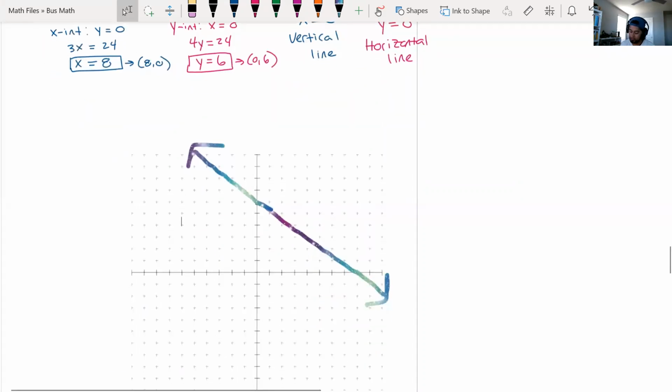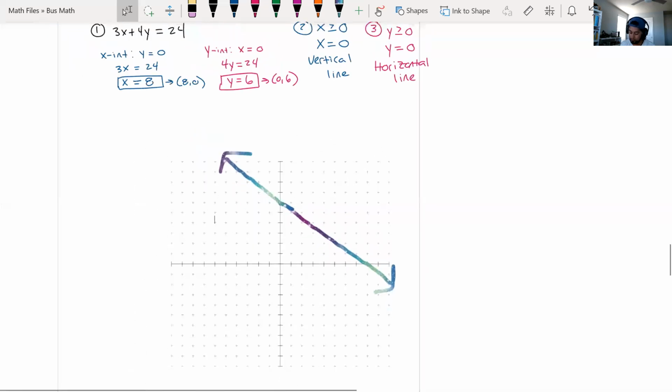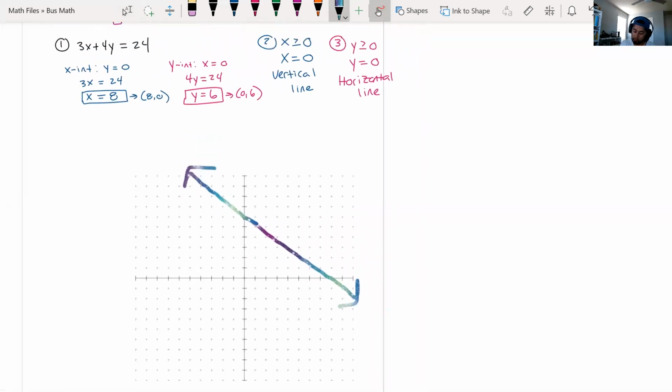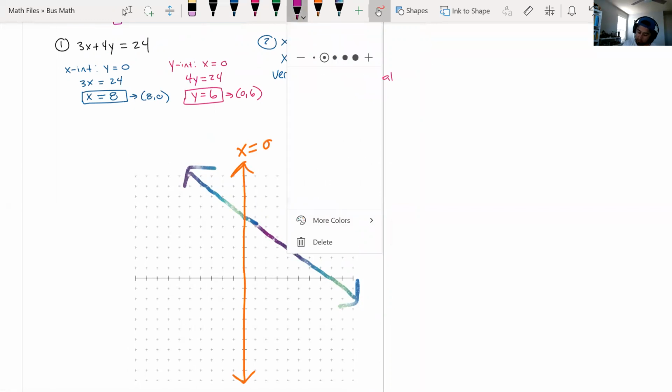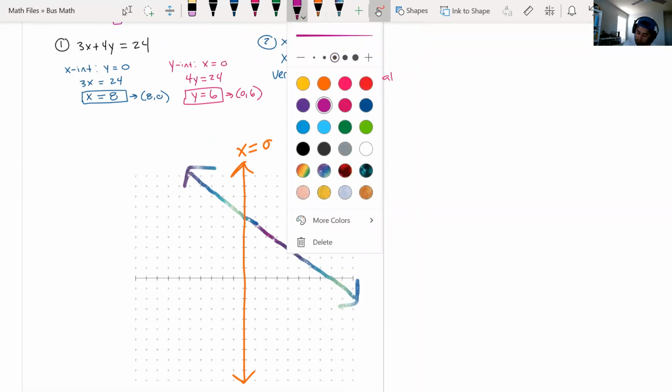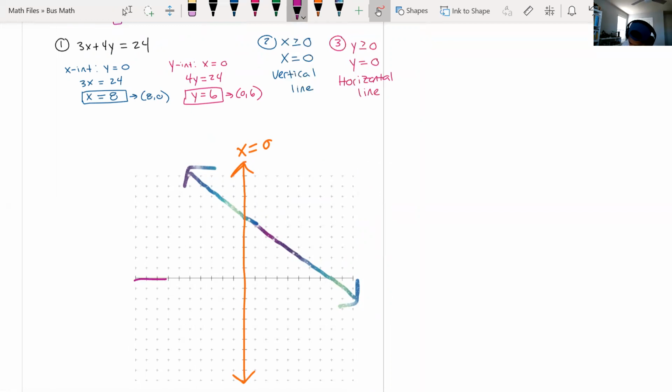And then remember the other two are just horizontal and vertical lines. So I'll just do one in orange. Here's x equals 0. And then I'll do that one in purple. Why not? Here is y equals 0.